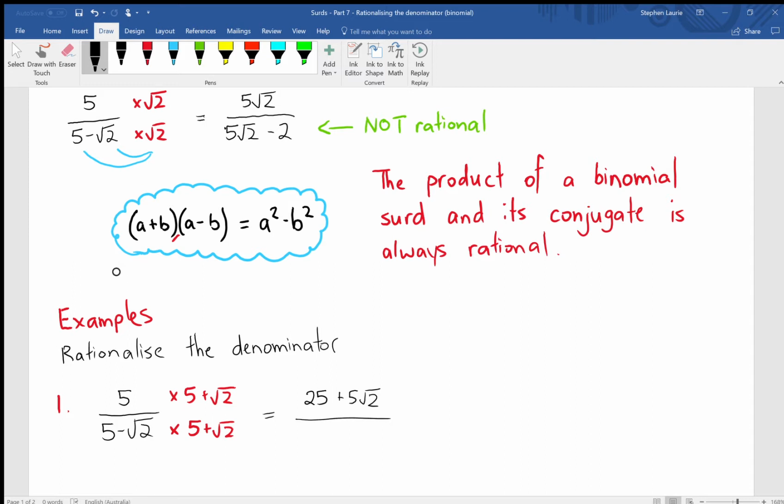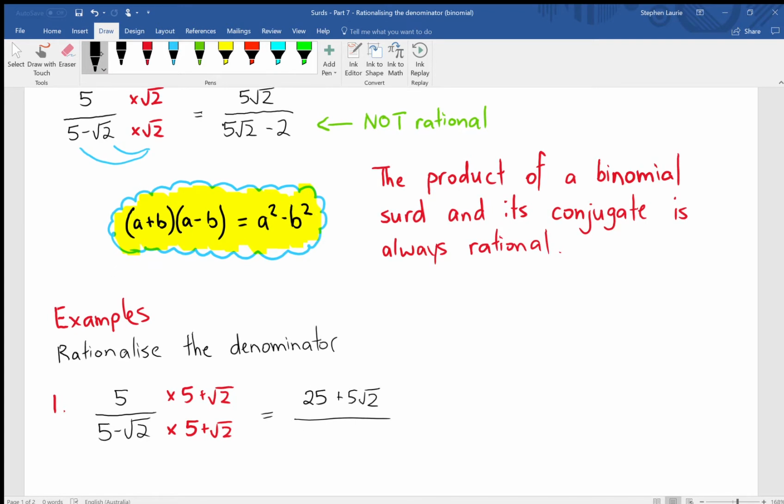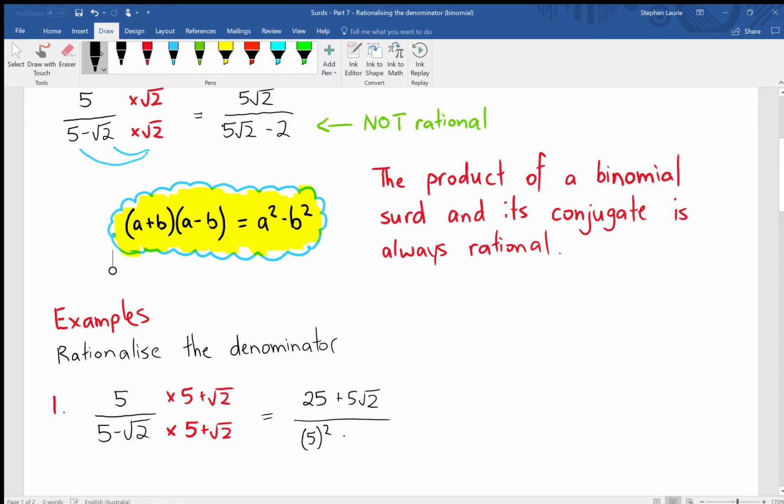And on the bottom, we can use the difference of two squares rule that we see up here. So instead of doing a FOIL, we're just going to jump straight into this rule. We're going to do 5 squared minus root 2 squared.